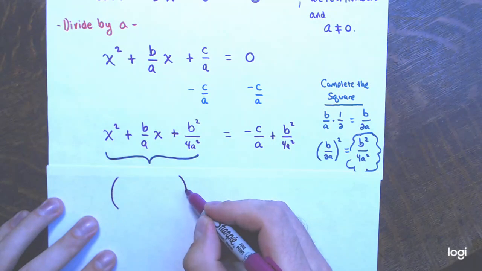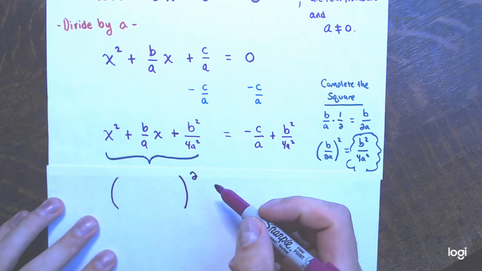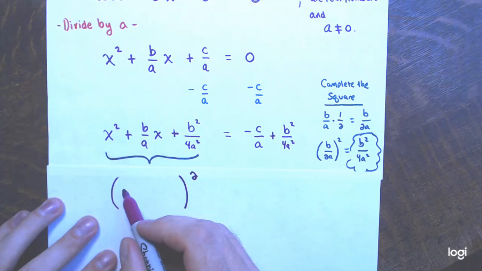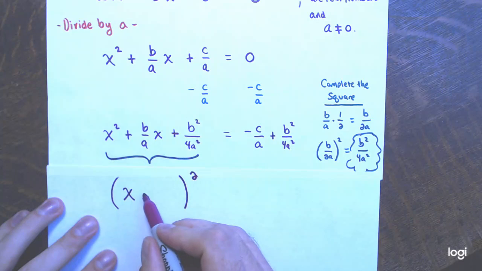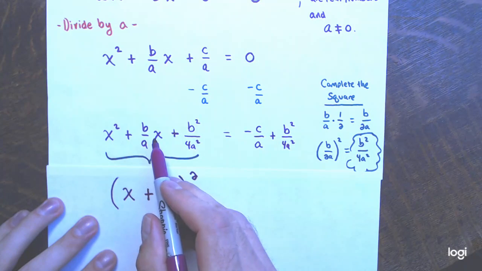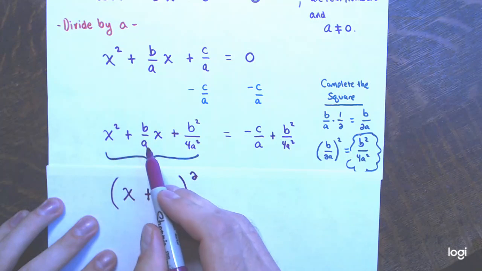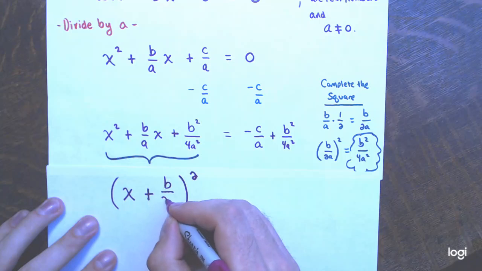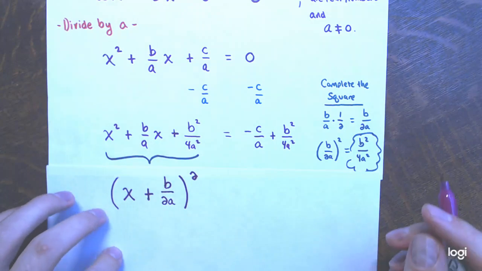So it's going to be some factor to the second power, something squared. And that factor is made up of the variable x plus whatever half of that number times the first power term was. So what was half of that b over a? Well, that was b over 2a. Alright, and if you double check, it's a lot of letters, I know.